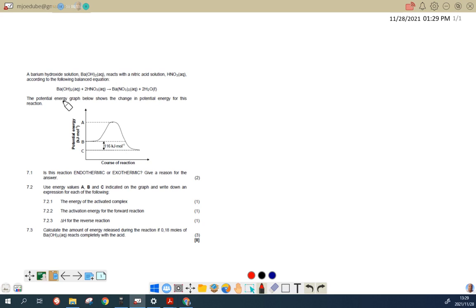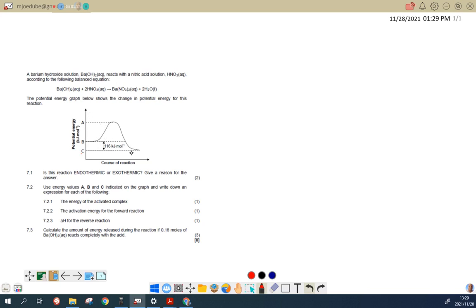The potential energy graph shown below shows the change in potential energy for this reaction. So you've got your potential energy in kilojoules per mole, and then it gives you the different sections, what's happening, A, B, C, different energies. It's important that you take note of those and to be able to identify them.